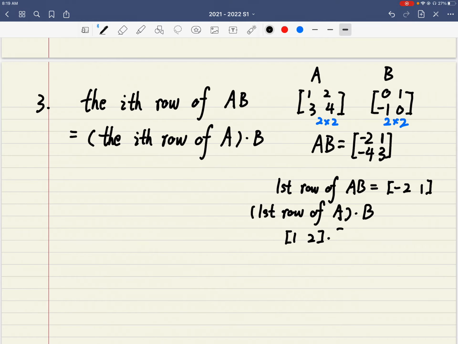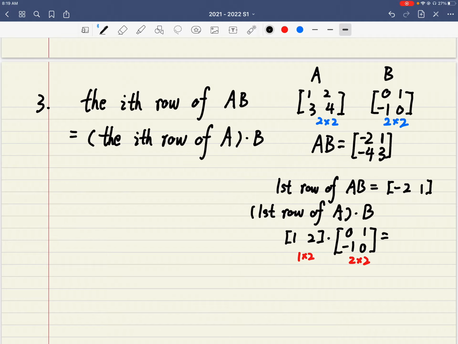B is a 2 by 2 matrix. If you work this out, let's do it. So first, can we do it? Always check first. It's 1 by 2. Here's 2 by 2. The number of columns of the first matrix is the same as the number of rows of the second matrix. So do it.